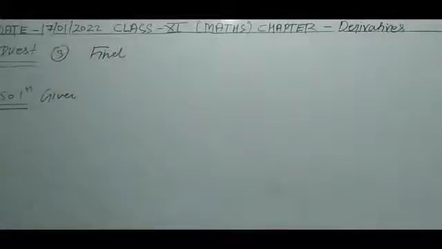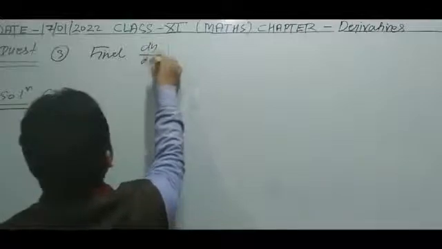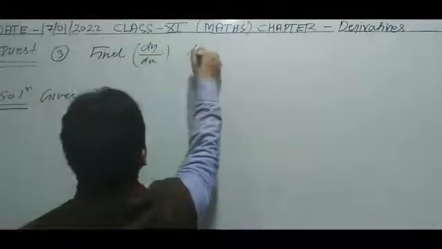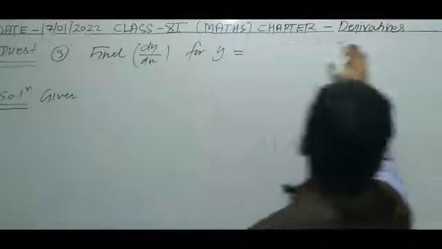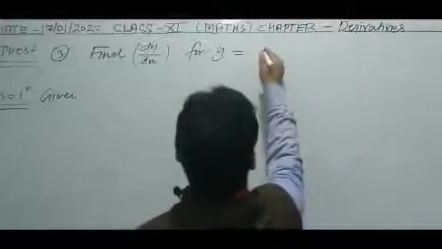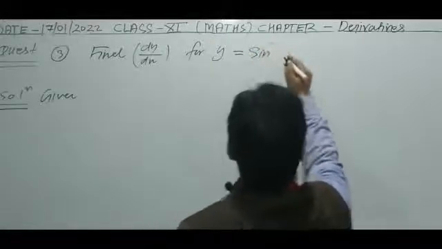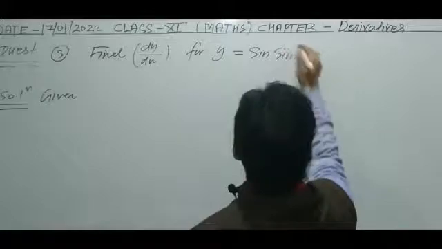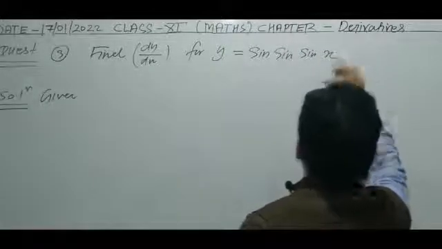Now question number 3 is find dy by dx for y is equal to sine of sine of x.